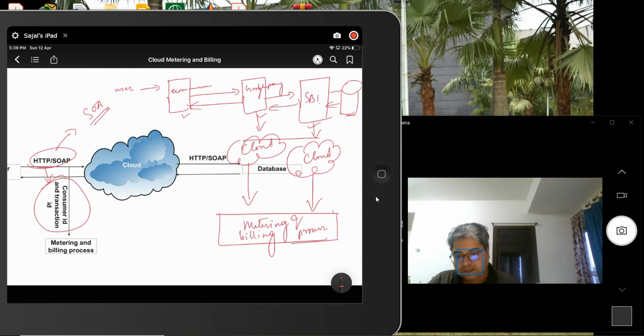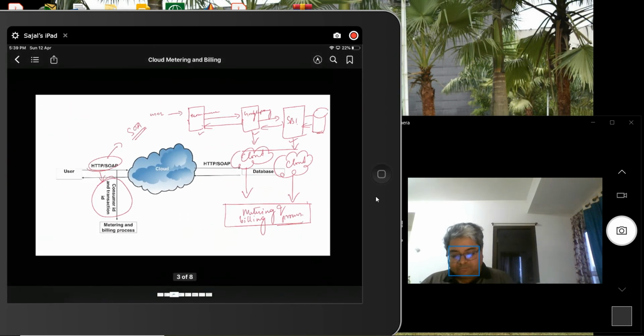You can send an infinite number of messages, but your cloud services should be capable enough to tackle all those messages. That is why they have to immediately scale up or scale down their infrastructure so as to handle this number of SOAP and REST messages, and accordingly your billing will also increase.